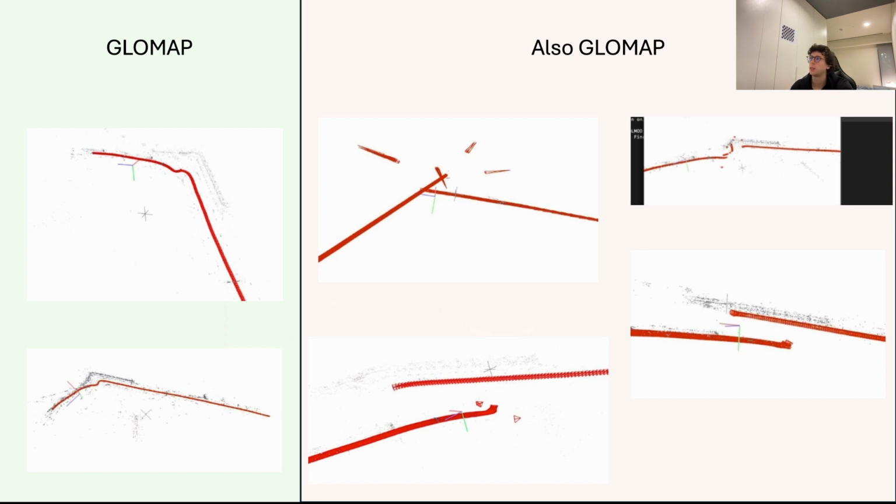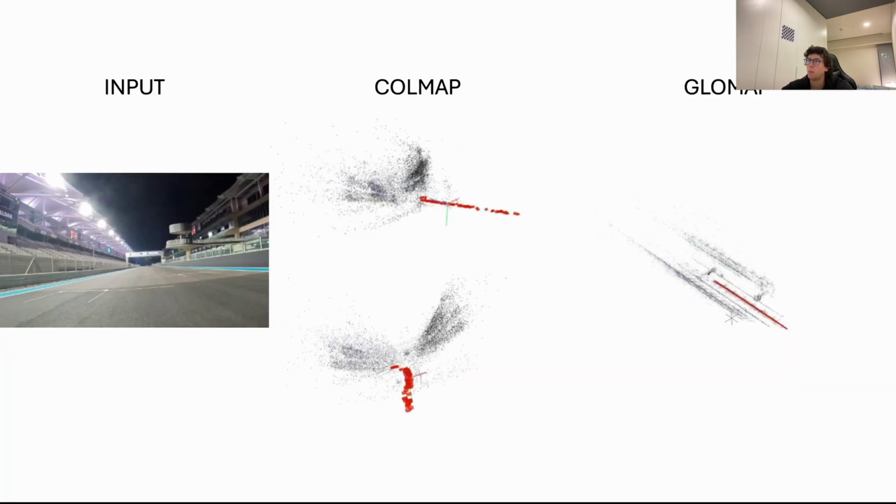I didn't understand at first, but then I understood, it's because of the random initialization. So the only thing that I could come up with is that these random initializations are not always leading to the same minima, even if the paper states so. But of course, GLOMAP is still very good.